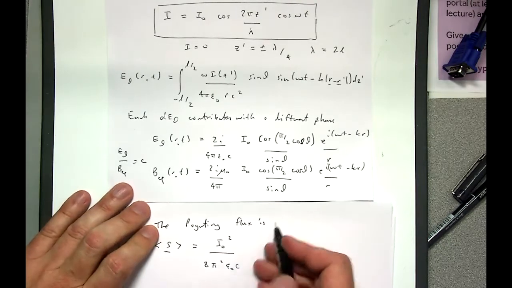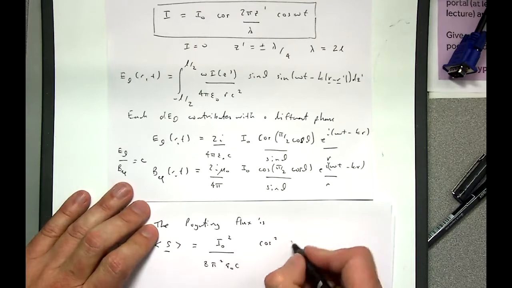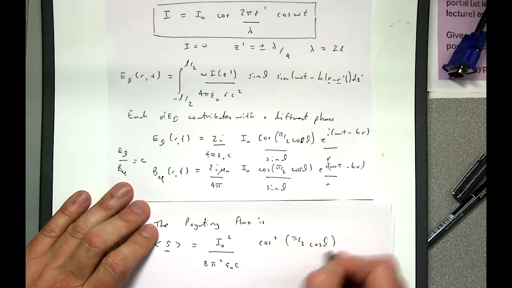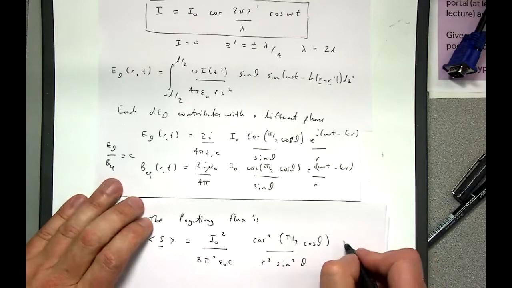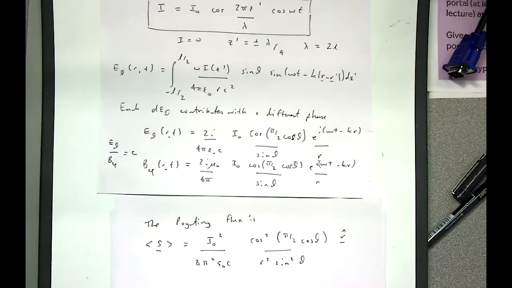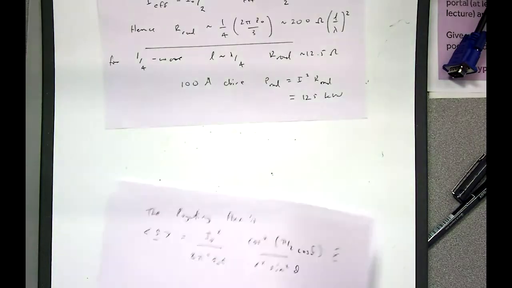So we time average these, and then we get a cos squared pi by 2 cos theta over r squared sine squared theta, and obviously the power is pointing radially outwards. So just to recap what we've done, we've added up, let's push this up a little bit.